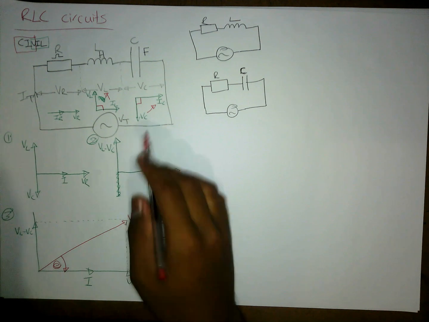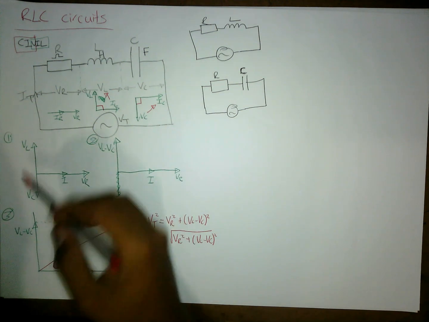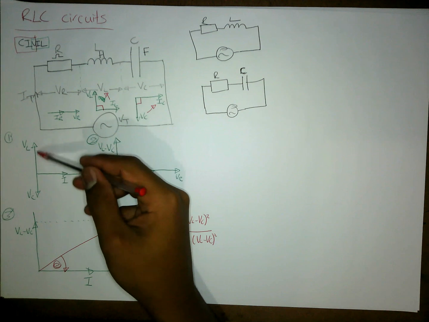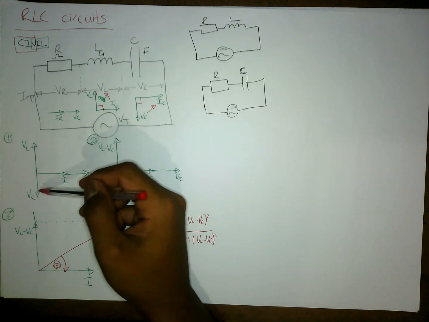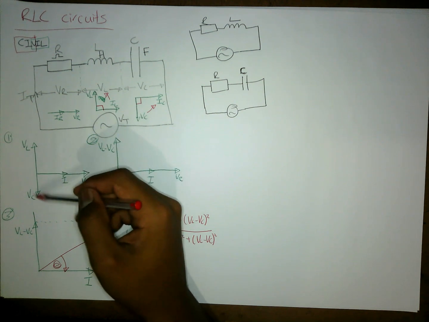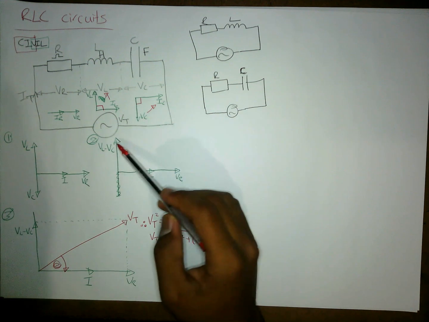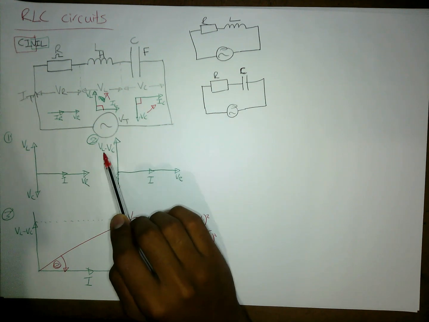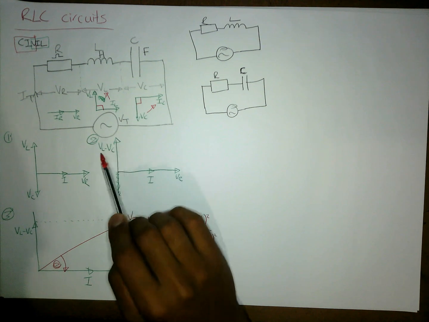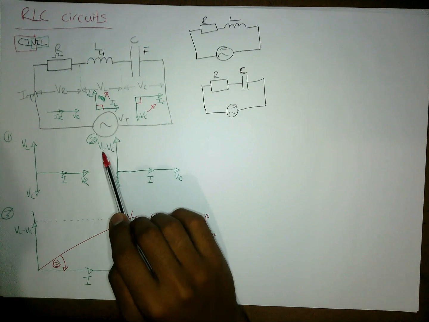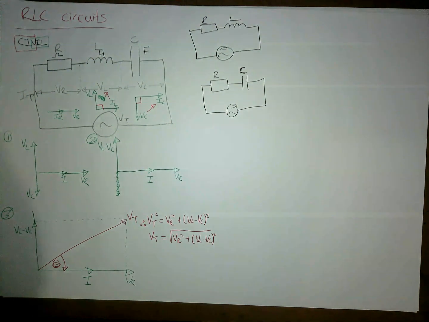Then to simplify this, we say that these vectors are going in the opposite direction. VL can be at the bottom and VC can be on top, but it just depends on their values. So we subtract the small one from the big one. If VC is bigger, we put VC minus VL, but in this case our VL is bigger, just for the explanation.